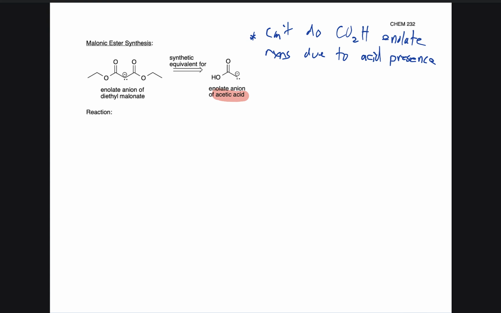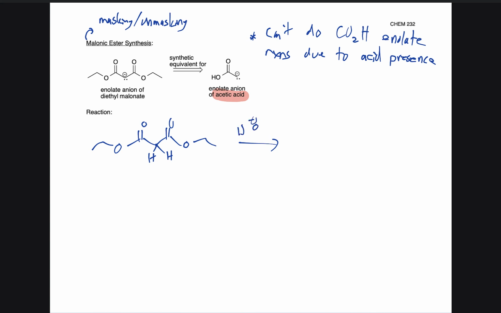So what does this look like? Again, this is also another example of this synthetic equivalence, right? This masking and then eventually unmasking process. Again, very similar to protecting groups. So we start with our diethyl malonate. And again, because of these being more acidic, lower pKa, we can just use a weak base.